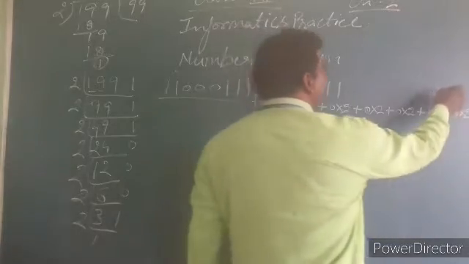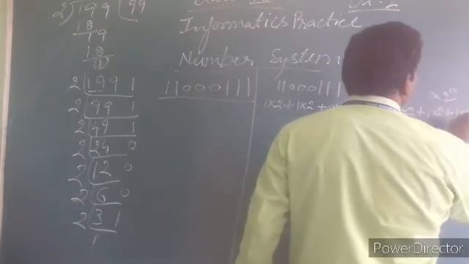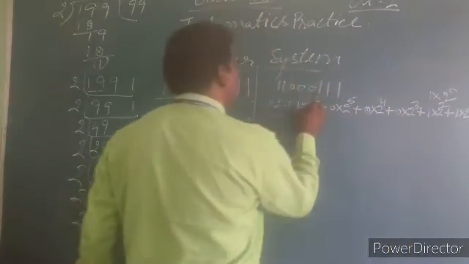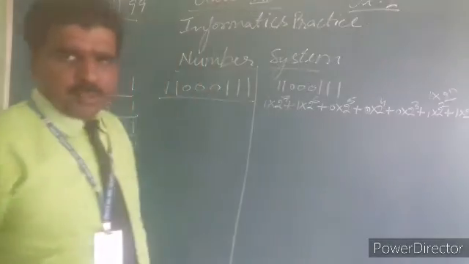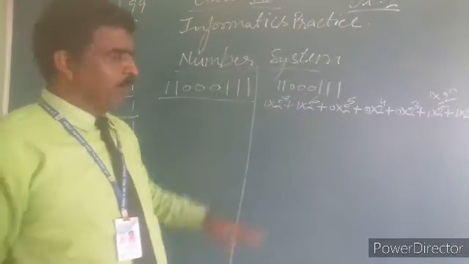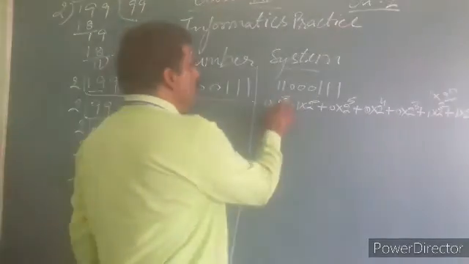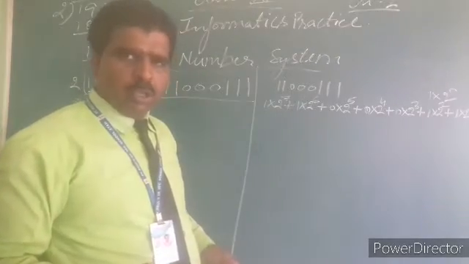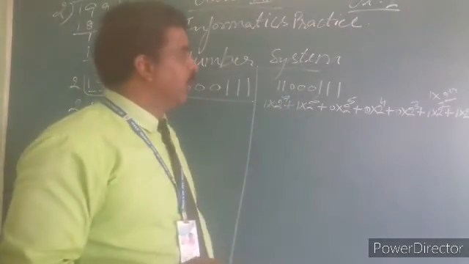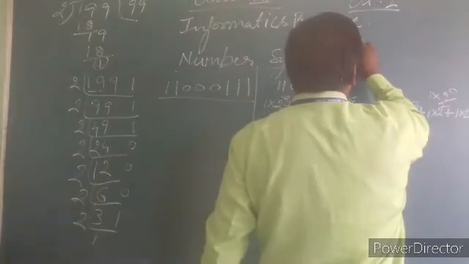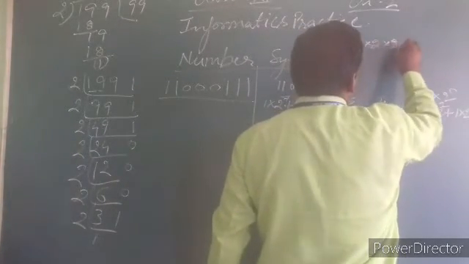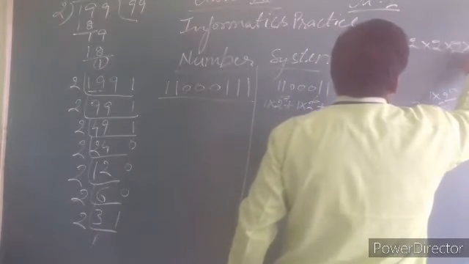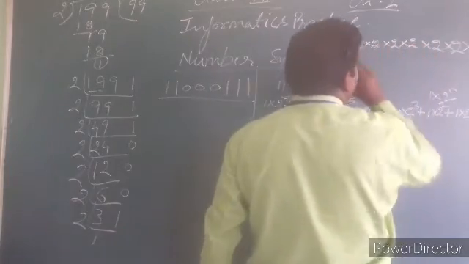So here 0, then 1 2 3 4 5 6 and 7. Check that it will come this way. 2 to the power 7, the power of 2 is 7. It means 2 will be multiplied 7 times: 2 into 2 into 2 into 2 into 2 into 2 into 2.